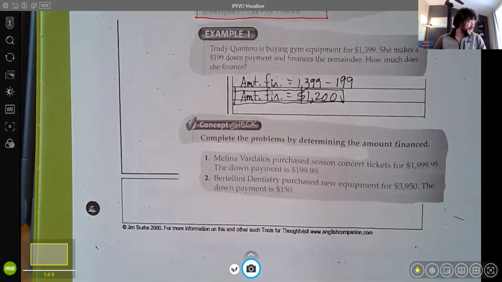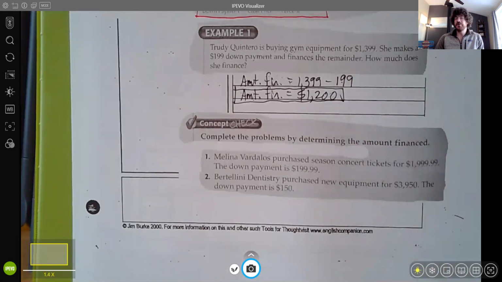If you are buying home gym equipment, I would not recommend doing an installment loan. Things like gym equipment or electronics or furniture lose so much value so quickly that if you're paying interest on something like that, you're going to be paying way too much for that product.